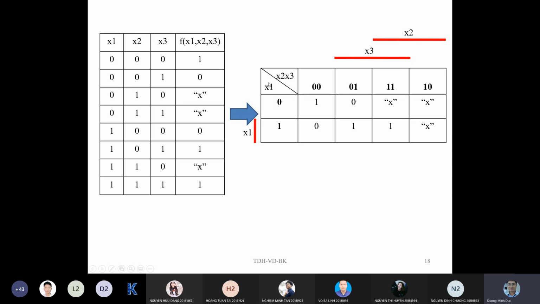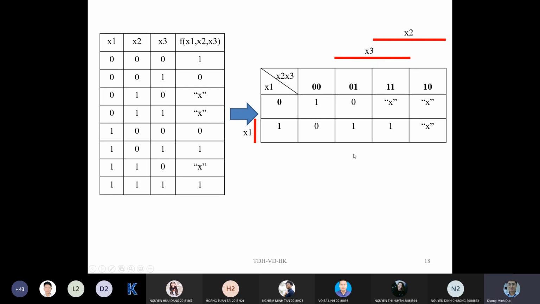And also, even in the drawing of the table, we see that 0, 0 and 1, 0 are far from each other, but actually they are also next to each other because it's only one bit different, 0, 0 and 1, 0. So this is the difference between the Karnaugh map and the other way, in that you have to write the number corresponding to the column or row according to the Karnaugh map rule.